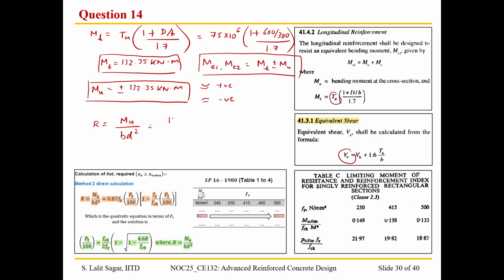That is, b is 300. So I'm getting a value of 1.458.